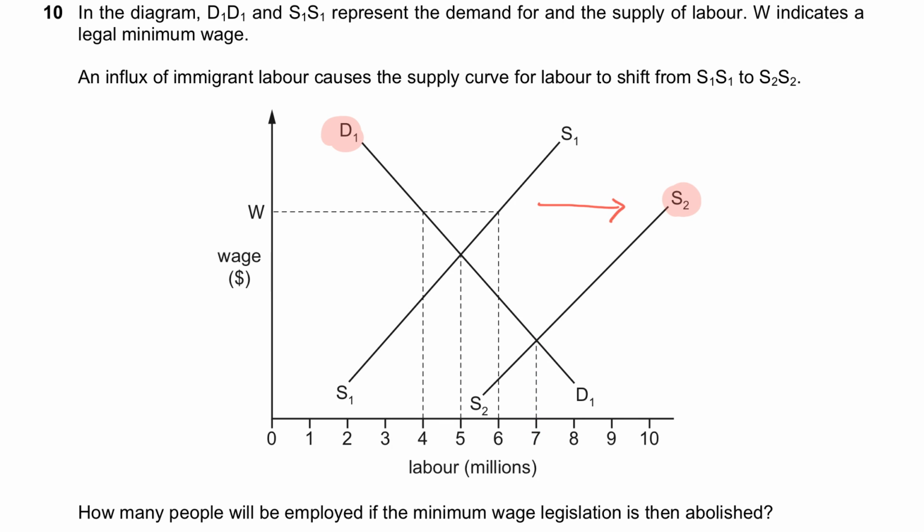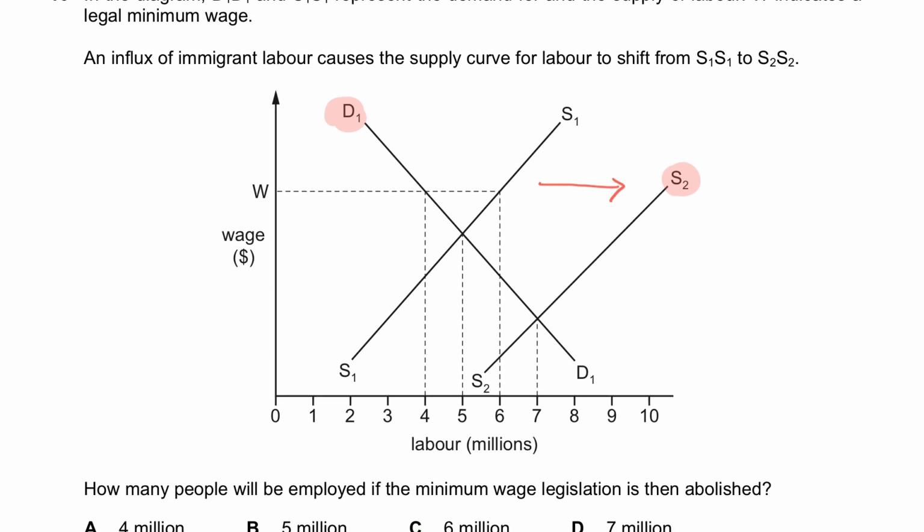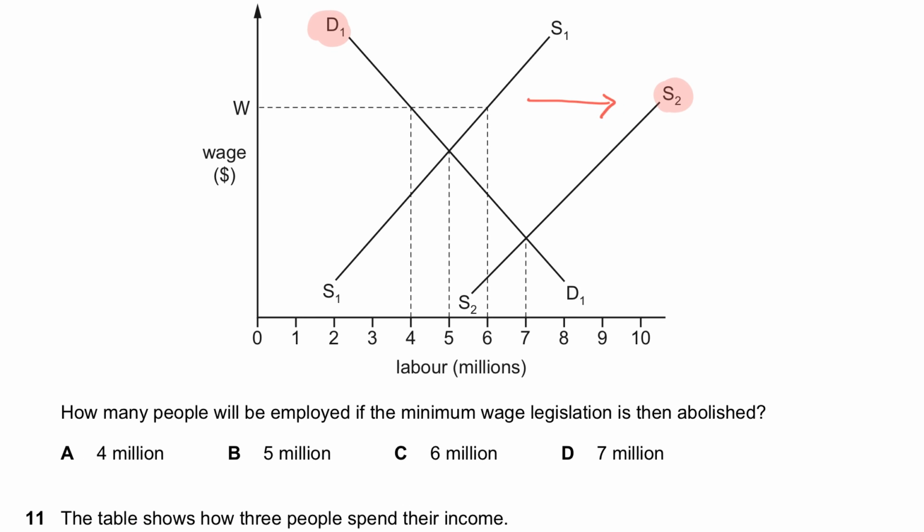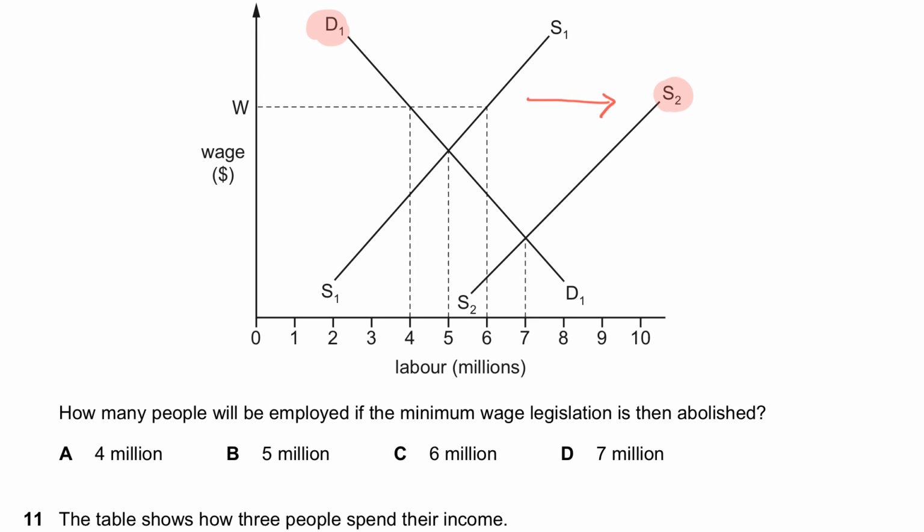Hence, if you look at the answer choices, the answer would be 7 million, because with the new supply curve of S2 and the demand curve being D1, 7 million people will be employed. So D is the right answer.